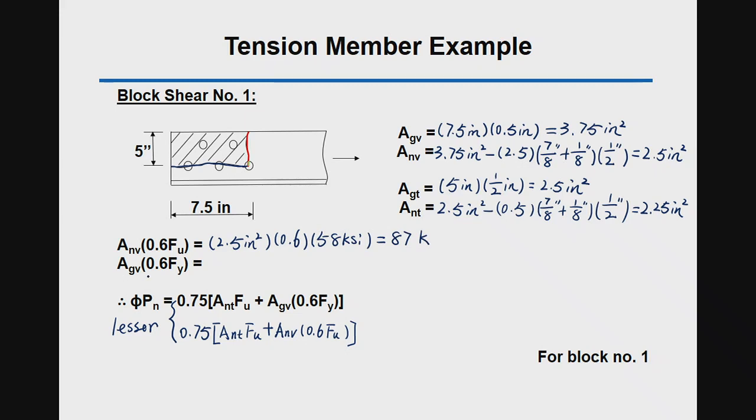And AGV times 0.6 times FY, where AGV we calculated as 3.75 square inches, times 0.6 times 36 KSI, equals 81 kips. So we know that AGV times 0.6 FY would control.